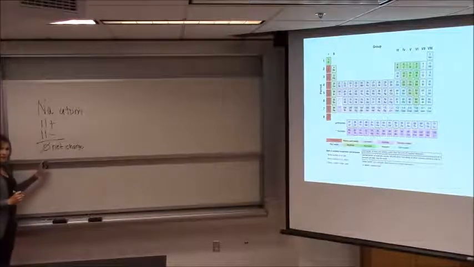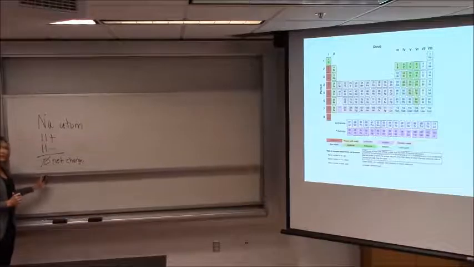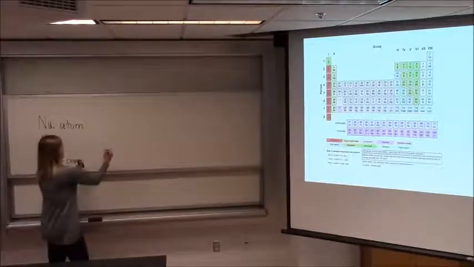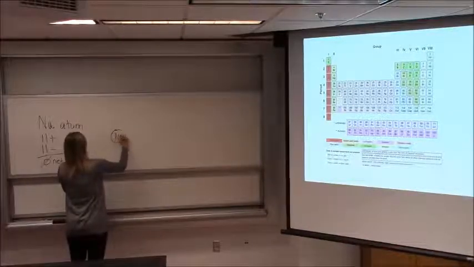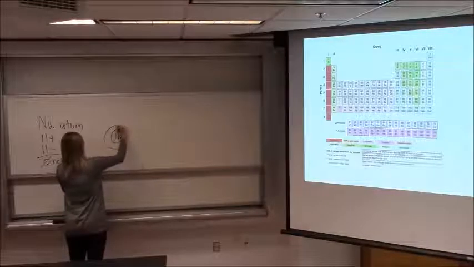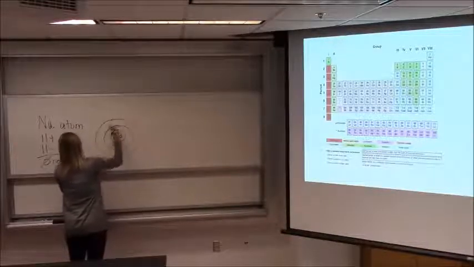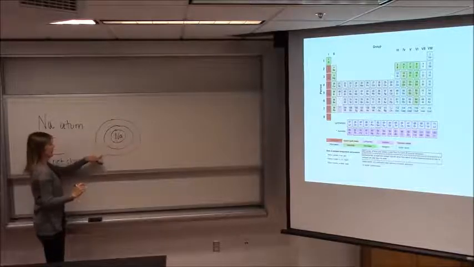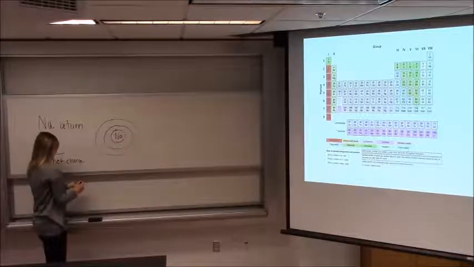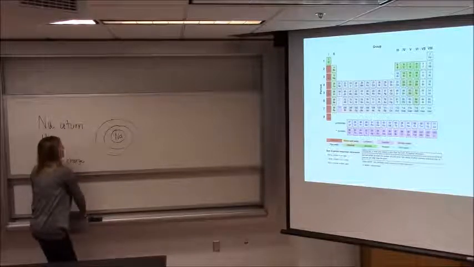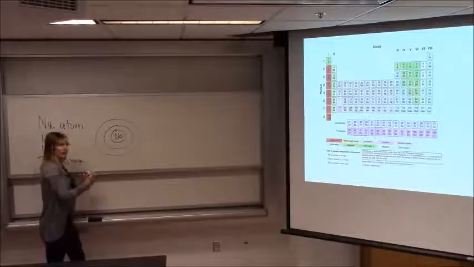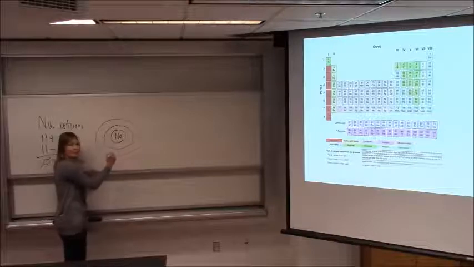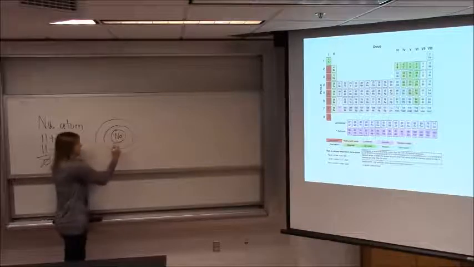And if we draw the electron configuration of that sodium atom, I'm going to consider this to be the first electron shell, second electron shell, third electron shell. So 11 electrons. First shell holds a maximum of 2.